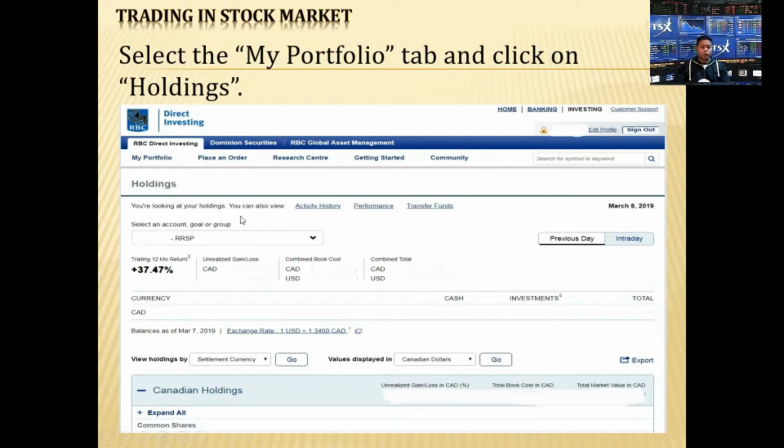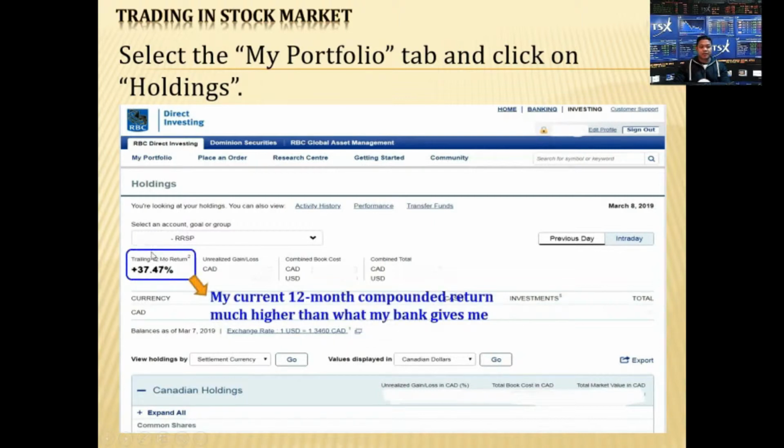It will show you the current status of your account. In this case, I selected RSP, and you would see my trailing 12 months compounded annual rate of return is plus 37.47%, which is much higher than what the banks usually give, right?